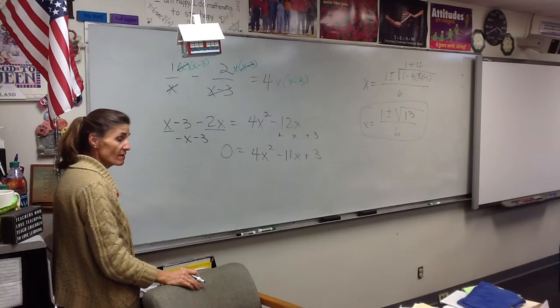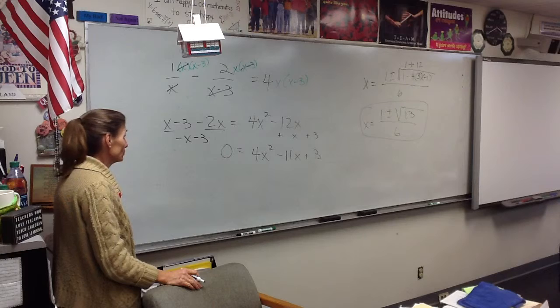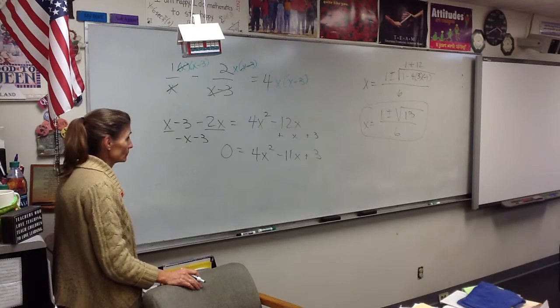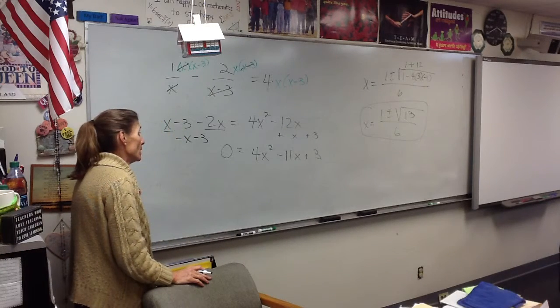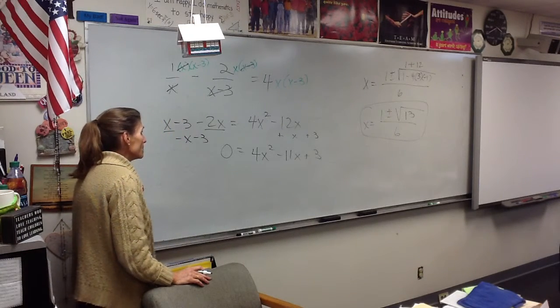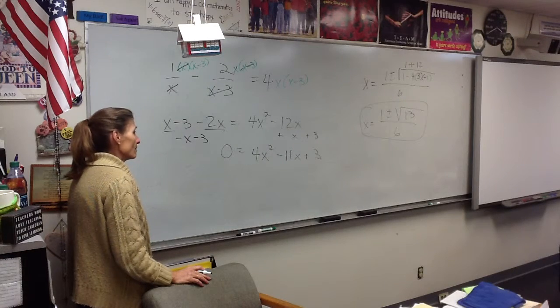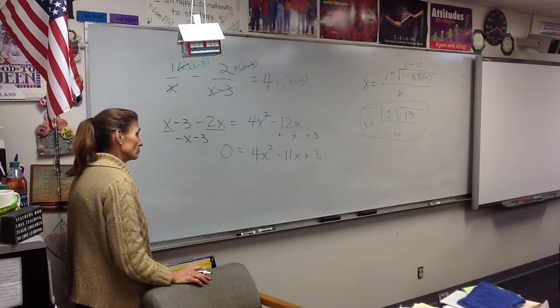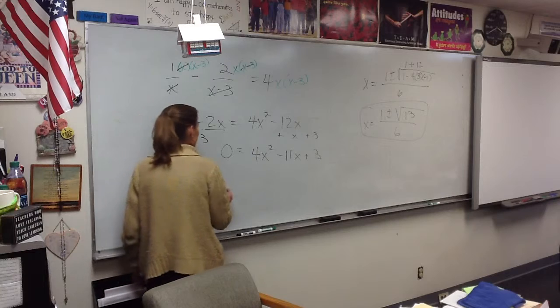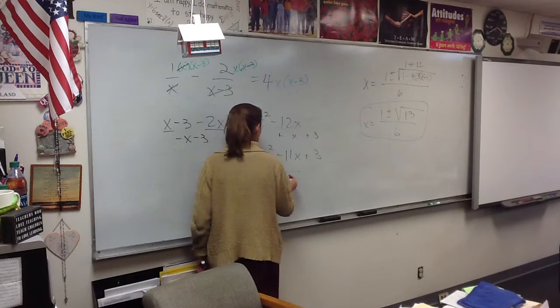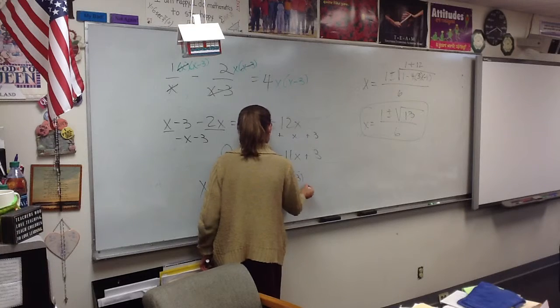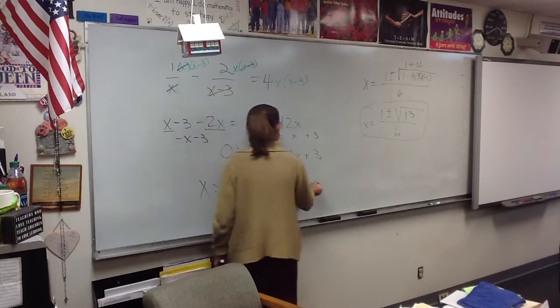Does that look okay, Savannah? So negative b plus or minus the square root of b squared minus 4ac all over 2a.